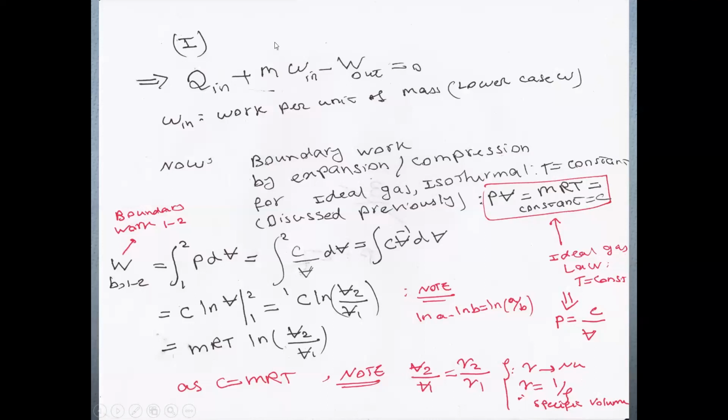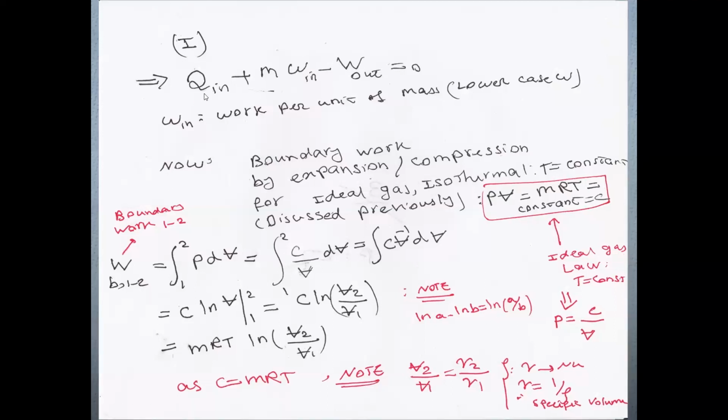When you divide this term, m cancels out. So we are going to have work of the paddle wheel per unit of mass, which is 75 kilojoule per kilogram. And because this is equal to this expression, when you divide by m, it becomes R T ln of 3, since volume at state 2 is 3 times volume at state 1. And then that becomes lowercase q, which is heat transfer per unit of mass.